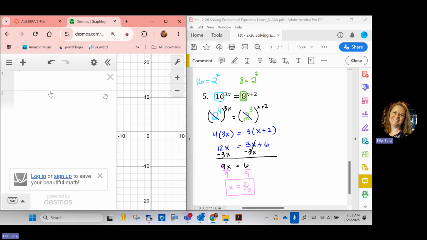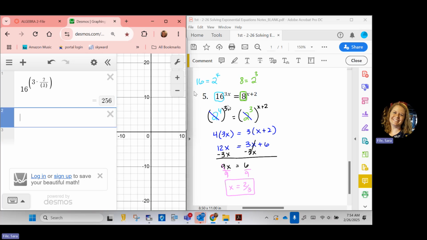Or of course, you can just check 16 to the power, and we said that it should come out to 2/3. So I'd plug in a 2/3 for x. So that's the left side, 256.